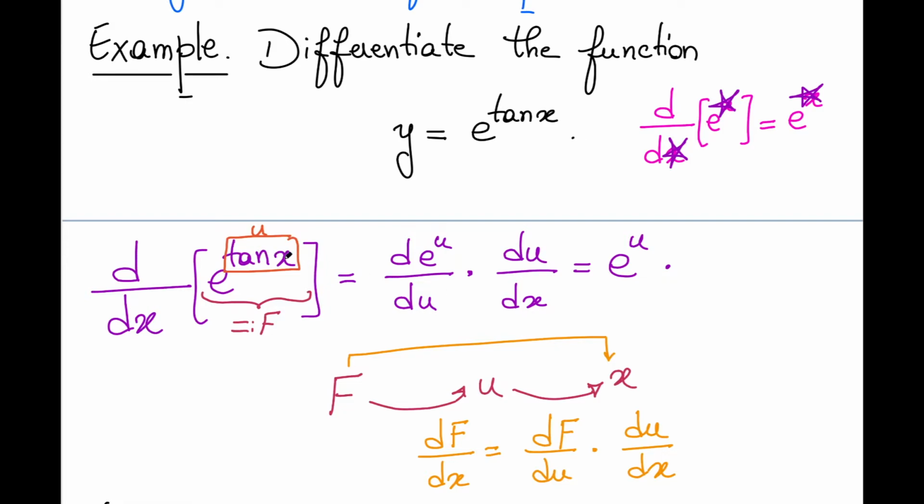What is u? It's tangent. And what's the derivative of tangent? Actually, let me write it. Correct? So let's organize a little bit.